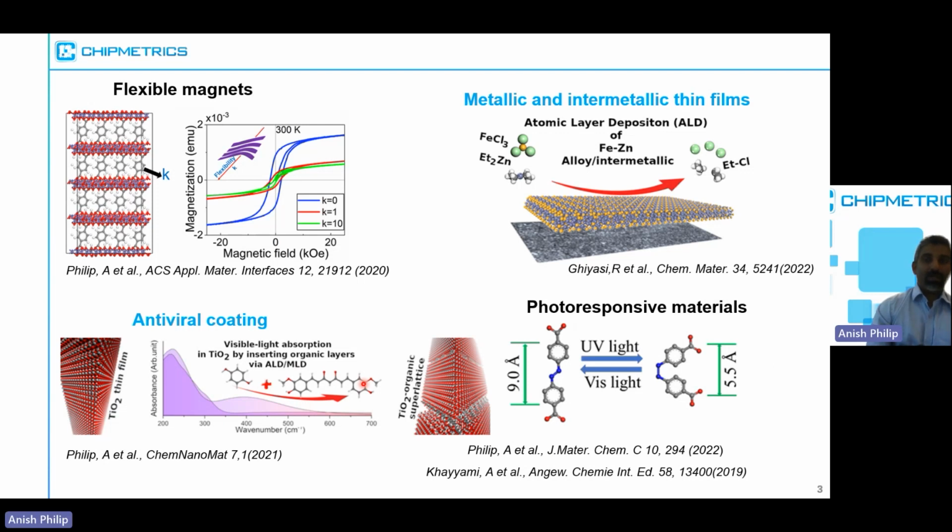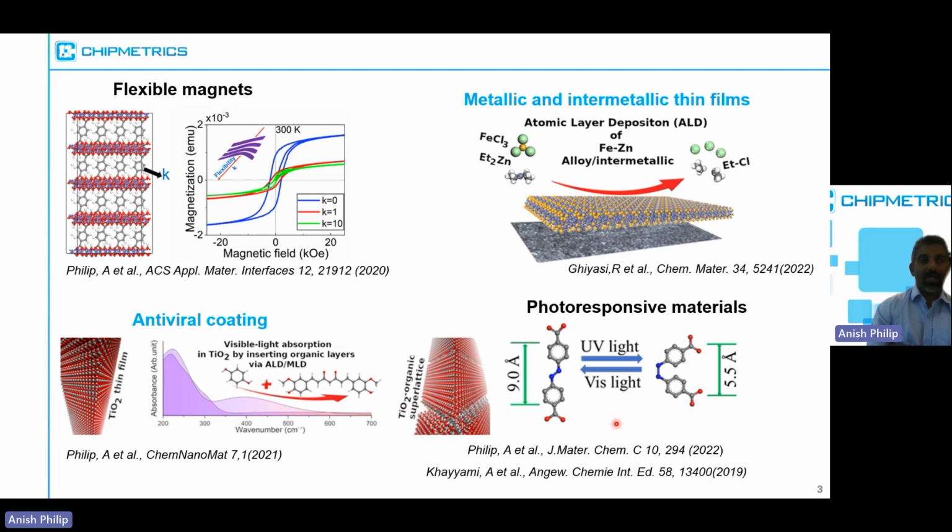So we were thinking of combining the antiviral property of curcumin with titanium dioxide. We were not able to see much antiviral property, but we could tailor the visible light absorption property of titanium dioxide using this curcumin stitching.